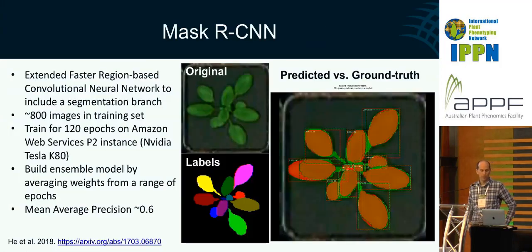The one we're using is called Mask R-CNN, which is based off of a somewhat older technique called Faster R-CNN, region-based convolutional neural networks. It just adds an additional step where once it finds regions, it can segment the object from that region. So we can feed in the original image and the labels, and then it will output masks for each object.